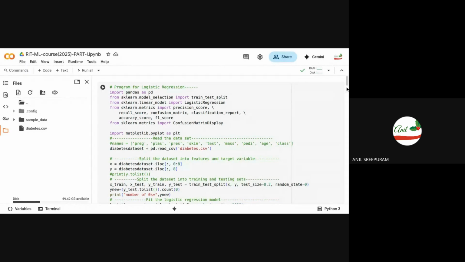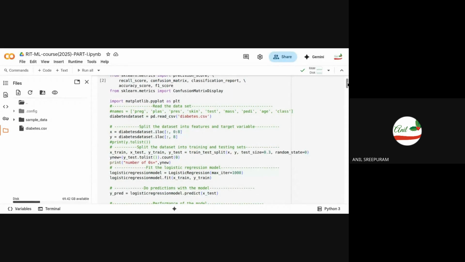So the implementation steps are the same as what we have done for linear regression. We have the whole dataset. We extracted the inputs by extracting the first 8 columns, using exercise diabetes dataset dot iloc from 0 to 8, which means extract the 8 columns and form a data frame out of that, and extract the 9th column.